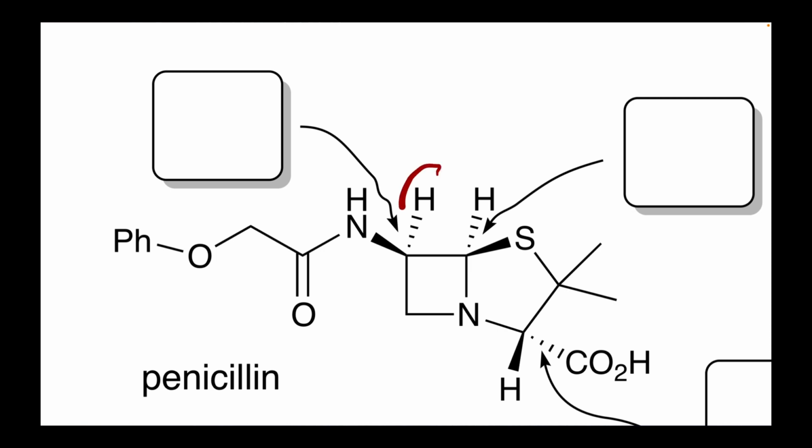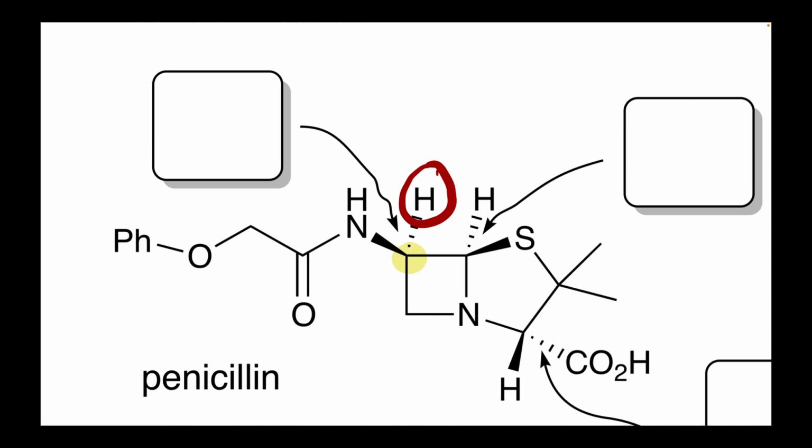So, for example, if we're looking at this carbon in yellow as the stereogenic carbon, from that carbon you have a nitrogen, hydrogen, a carbon and a carbon. It should be pretty easy to see that's number 1 and that's number 4.